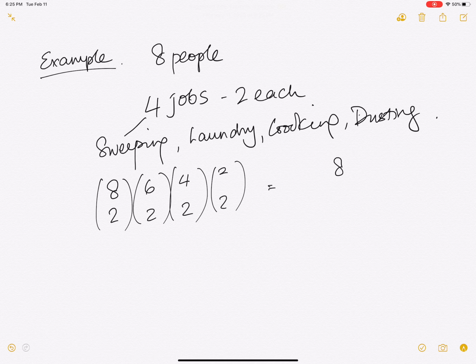This is the same as the multinomial coefficient that one writes like this. So this is the number of ways to assign 8 people 4 jobs, assigning each job to 2 people. Okay, so that was just a preliminary example.